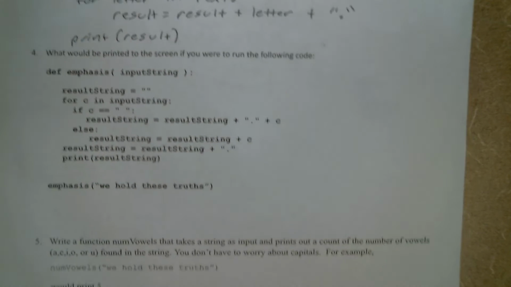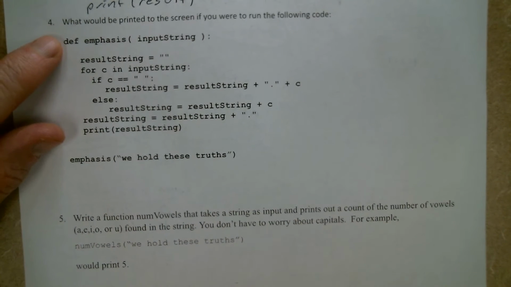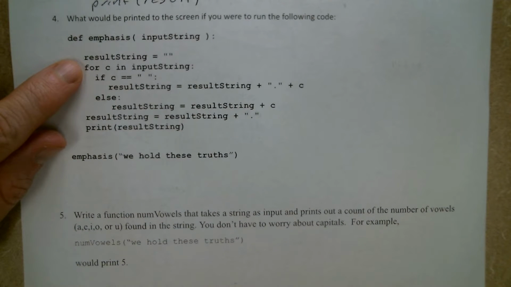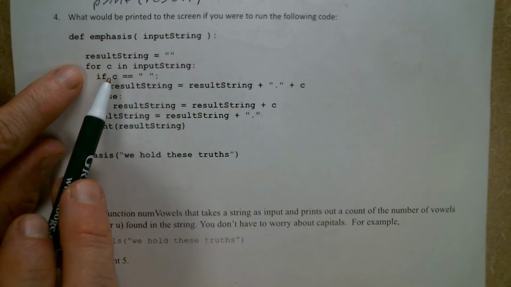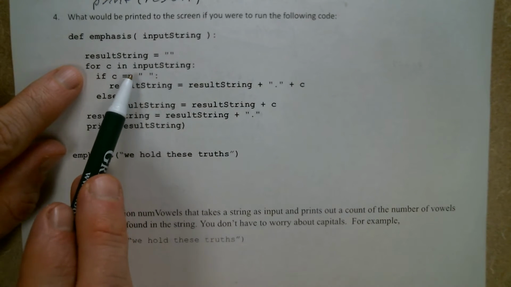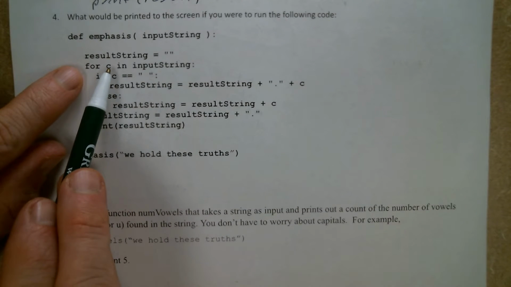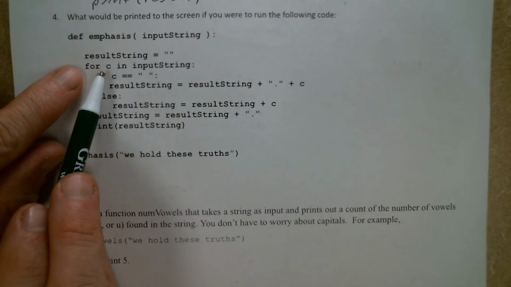Number 4, what would be printed to the screen if we were to run the following code? So we've got a function called emphasis here. Result equals an empty string. For C in input string, so this tells us that we're going through the entire thing because we're not using any sort of indexing here, and that this C, this loop variable, will get each character in the string.